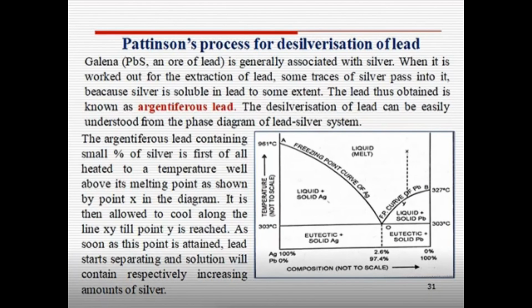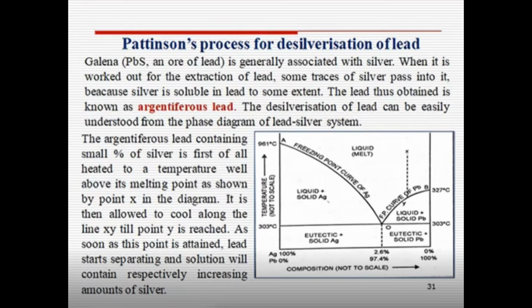Next, we will discuss Pattinson's process for desilverization of lead galena, that is lead sulfide. An ore of lead is generally associated with silver. So when it is worked out for extraction of lead, some traces of silver pass into it because silver is soluble in lead to some extent.